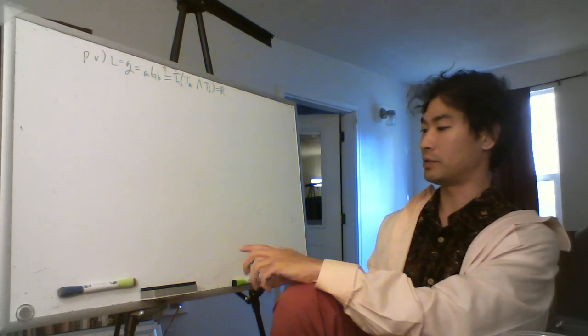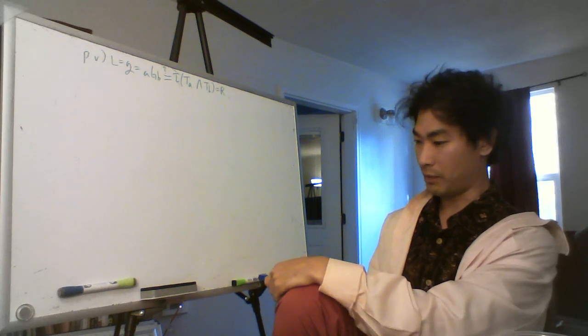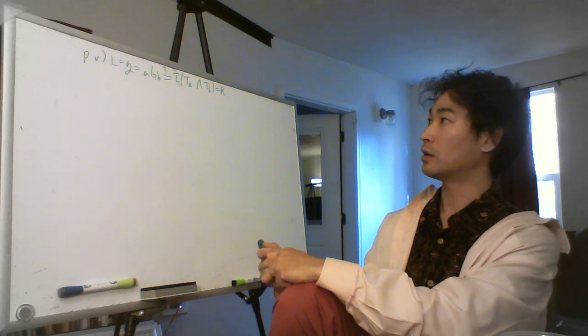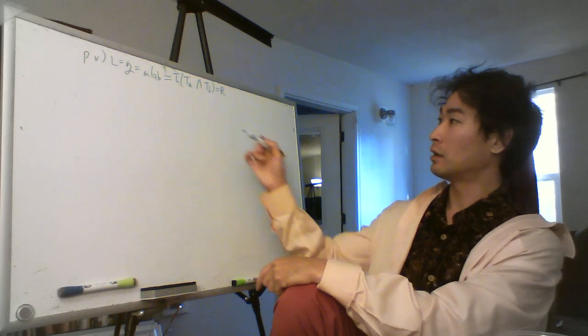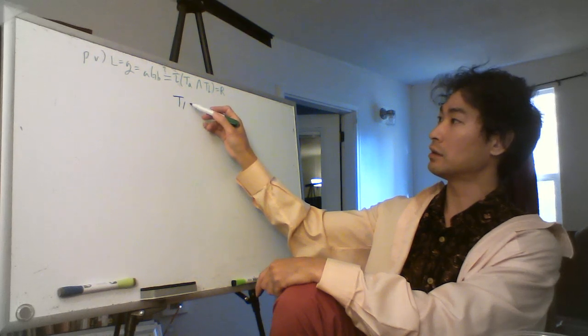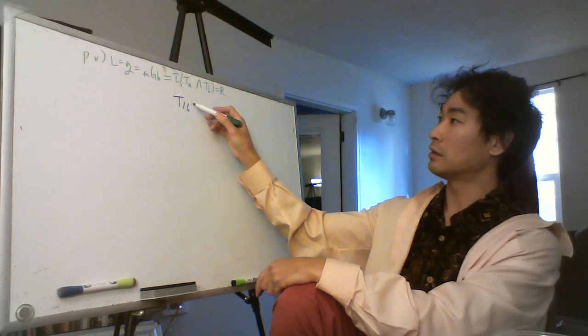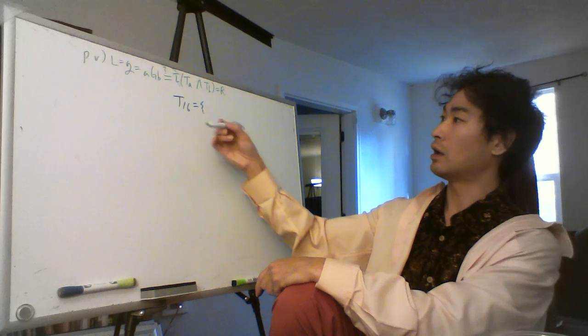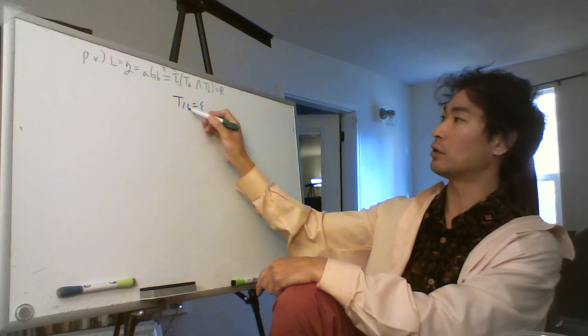We observe something, right? Let's, for example, take T of 15. What is it?